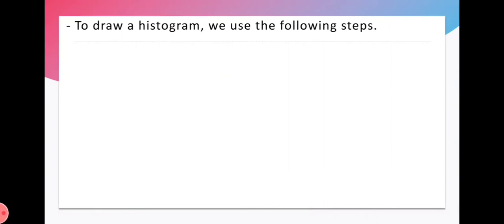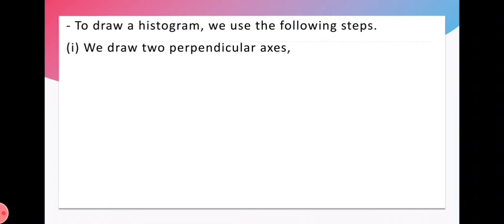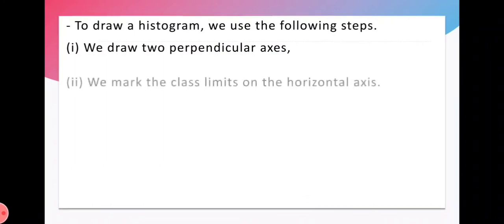To draw a histogram, we use the following steps. Now, how to draw a histogram? You have to see what are the steps. First, we draw two perpendicular axes, that is x-axis and y-axis.